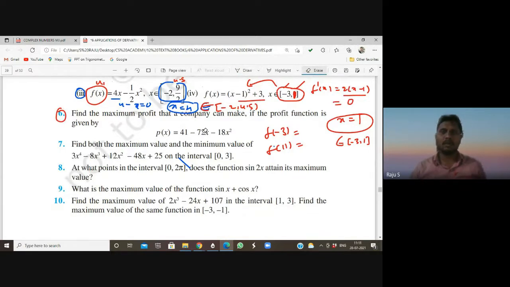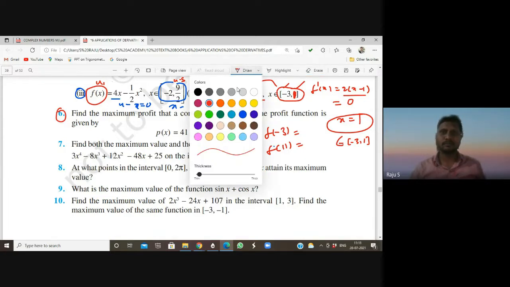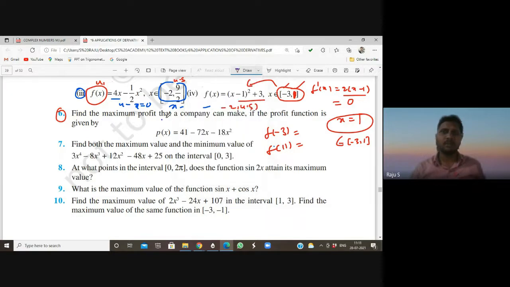Okay, now question number 6 onwards, word problems. Look here. The equation is already given. Find the maximum profit that a company can make, if the profit function is given.